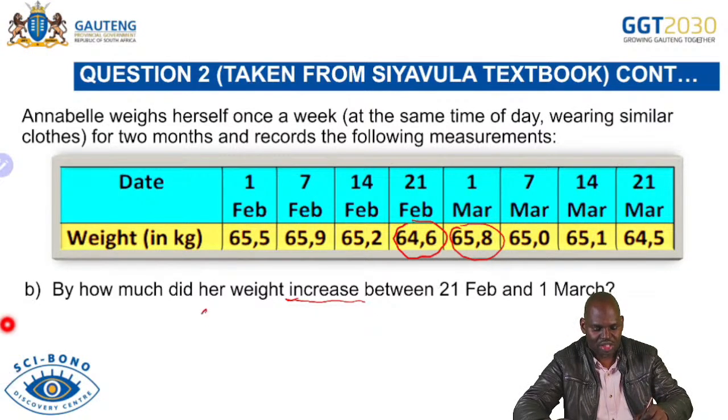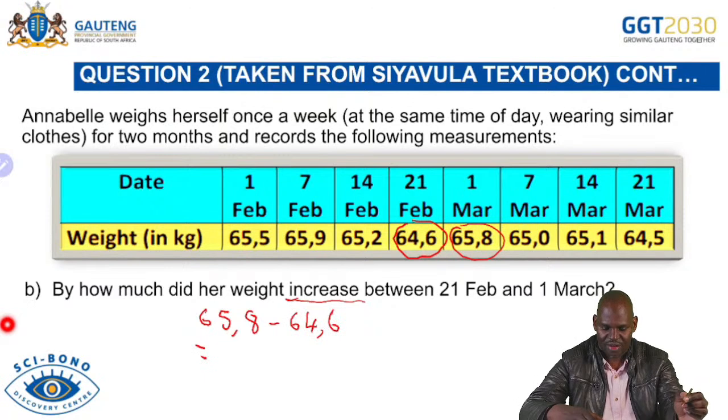So it must be 65.8 minus 64.6. So 65.8 for the 1st of March minus 64.6 for the 21st of February.